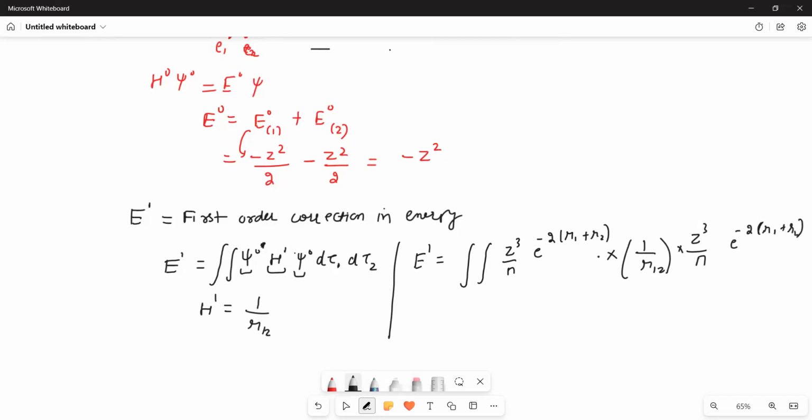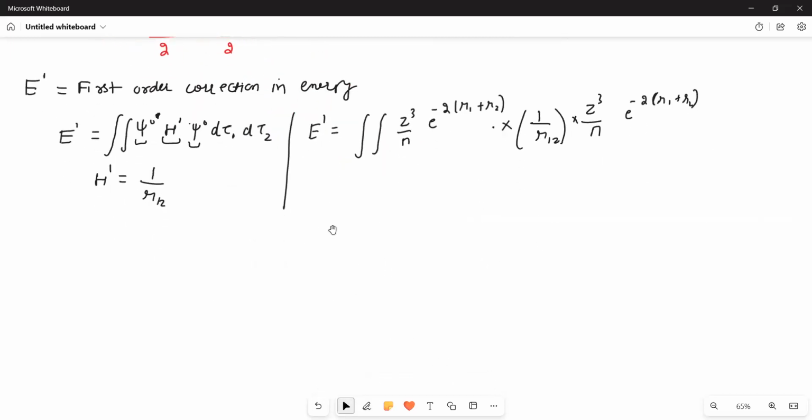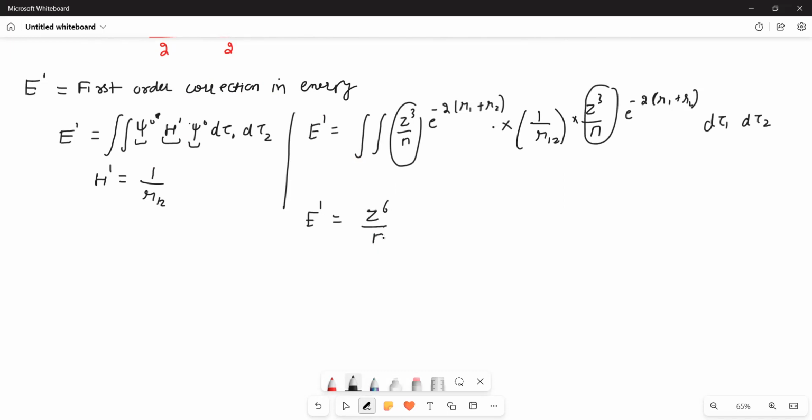Now d tau 1 and d tau 2 also we have to mention. So E dash equals, here we have Z cube by pi and Z cube by pi, which can be written as Z to the power 6 by pi square.